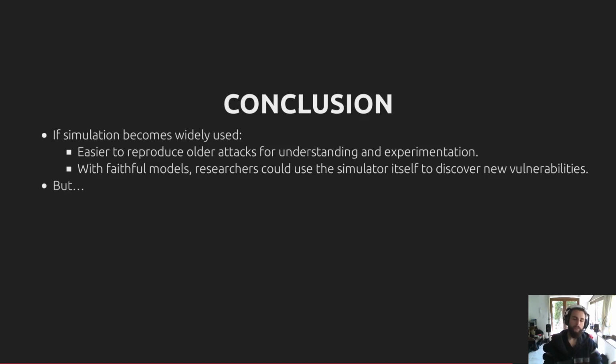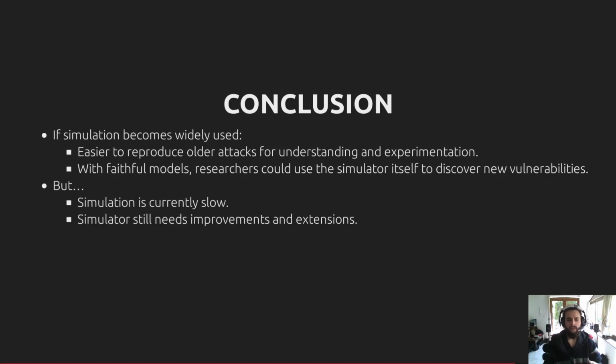But there are some drawbacks, of course, and one of the main drawbacks is that the simulation is currently pretty slow. To run a Spectre attack, you may count 1 to 5 hours. And finally, the simulator gem5 still needs some improvements and some extensions to implement new technologies, for example, and to implement new visualizations that can be useful.